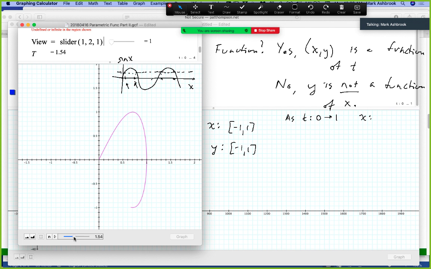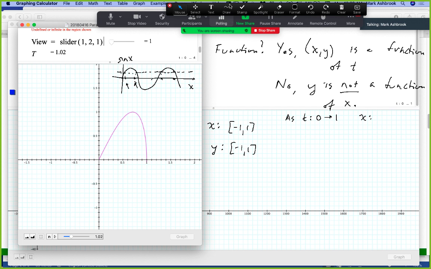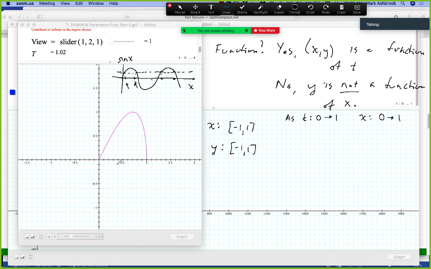Oops, I went too far. As t goes from 0 to 1, what did x do? X went from what to what? 0 to 1. It also went from 0 to 1. Did you see that? So we just care about the x-coordinate. I showed you t going from 0 to 1, and we got the x-coordinates from 0 to 1.